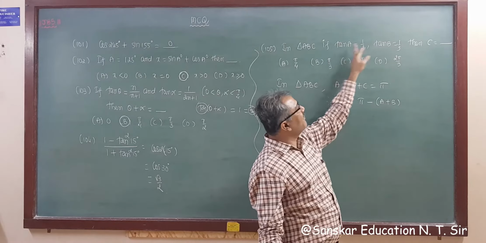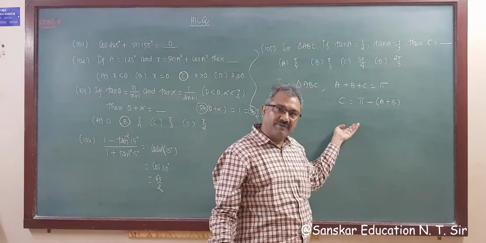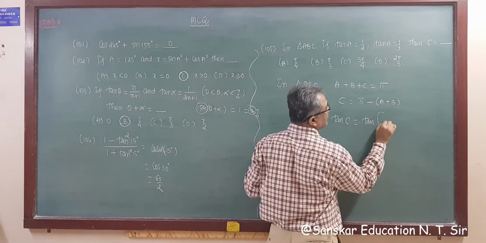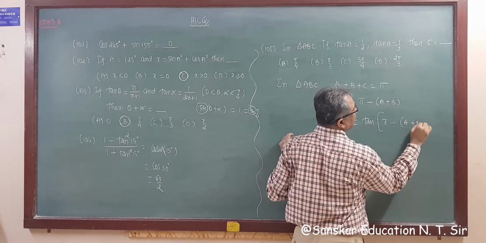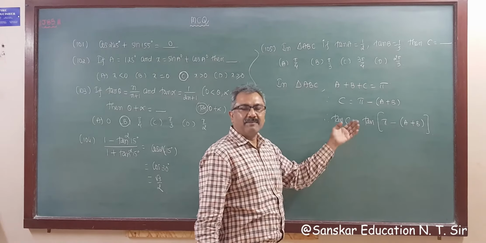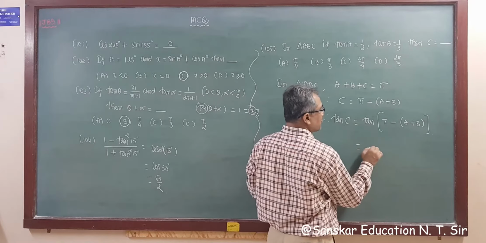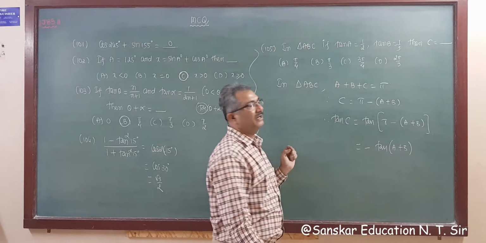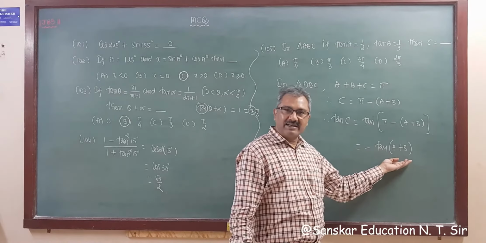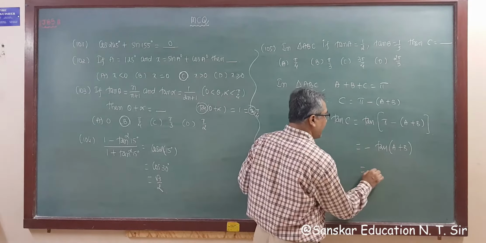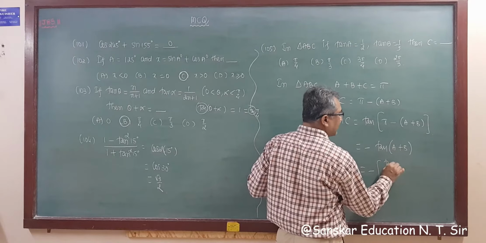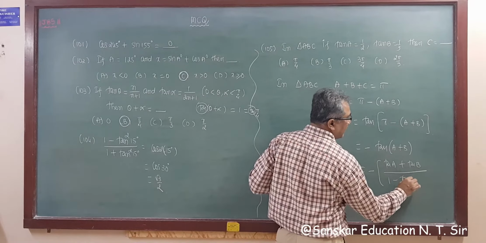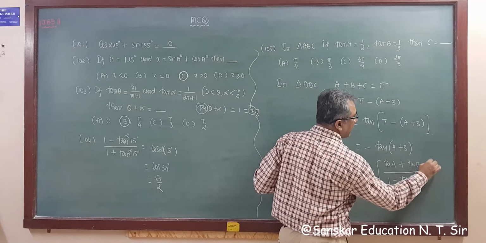Now you want C, but the values of tan A and tan B are given, so you have to insert the tan function here. So inserting the tan function, tan C is equal to tan of pi minus (A plus B), and tan of pi minus theta, second quadrant, tan is minus, so minus tan, no change, of A plus B. Right? Now applying the formula of tan A plus B, that is very simple for you. So this is minus, and the formula is tan A plus tan B whole upon 1 minus tan A into tan B. Right?